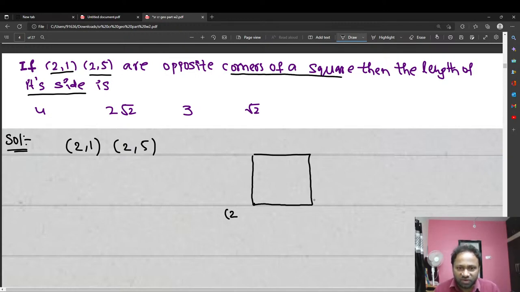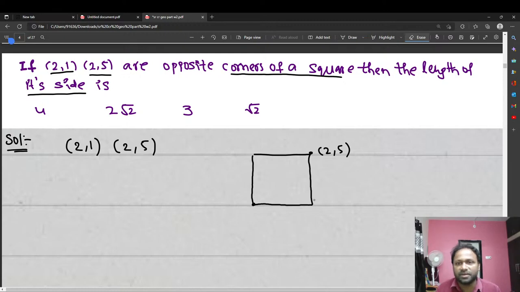So this is one of the corners, this is one of the corners, which are opposite. Suppose ordered pair (2, 1) I will take, and this is ordered pair (2, 5) I will take. These are two opposite corners.